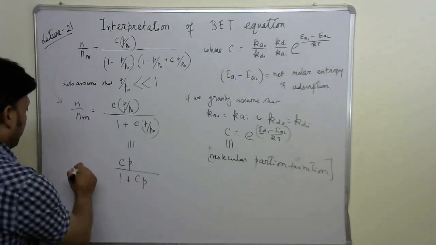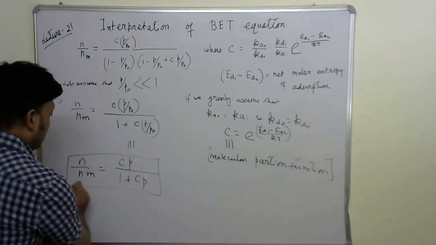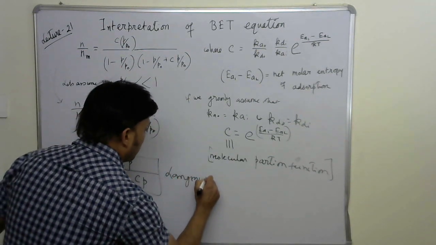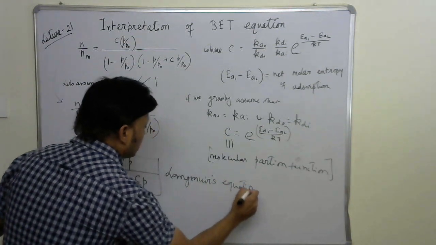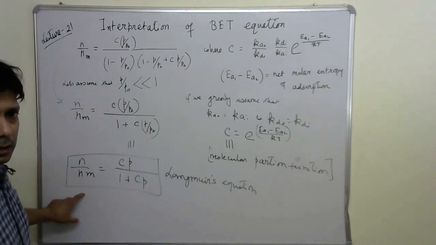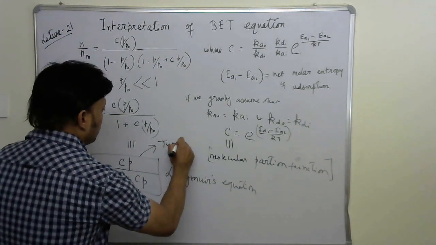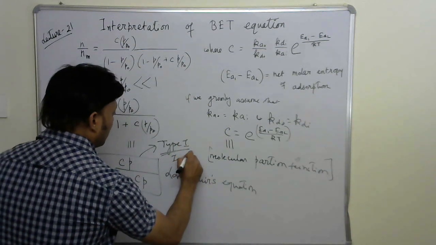You can see that this equation is nothing but Langmuir's equation, and the Langmuir equation exactly gives rise to the type 1 isotherm.